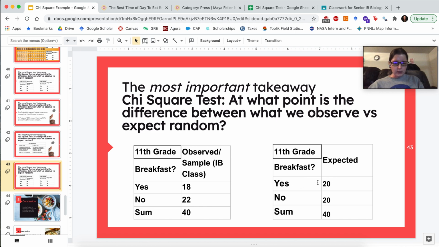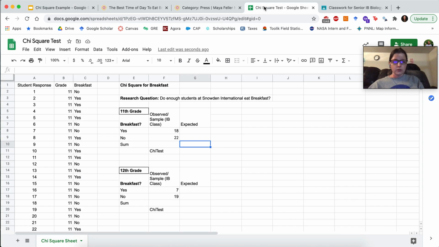So it's going to be 20 yeses and 20 nos. So our expected is going to be at least 20 yeses and at least 20 nos. And remember, we decided that because we knew that our total sample size for the 11th grade is 40 students, and we want at least half, or 50%, that's 50% of 40, to be yeses in our expected.